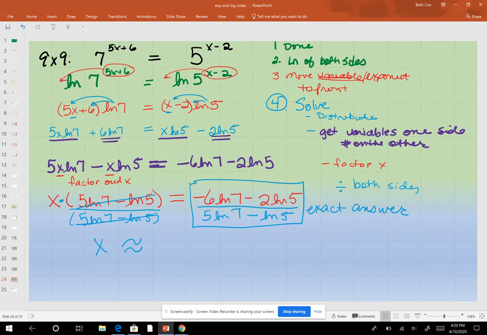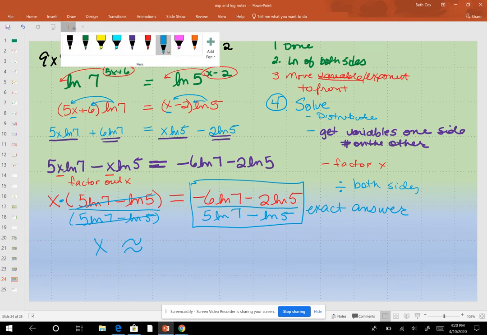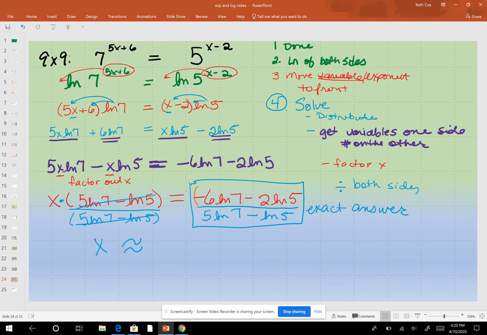Now, using the calculator to get the approximate answer, that's a little trickier. You're going to have to use some parentheses in your calculator. You're going to have to mess with your calculator skills a little bit to work that out. Just remember that parentheses are going to be needed if you do a numerator and a log.